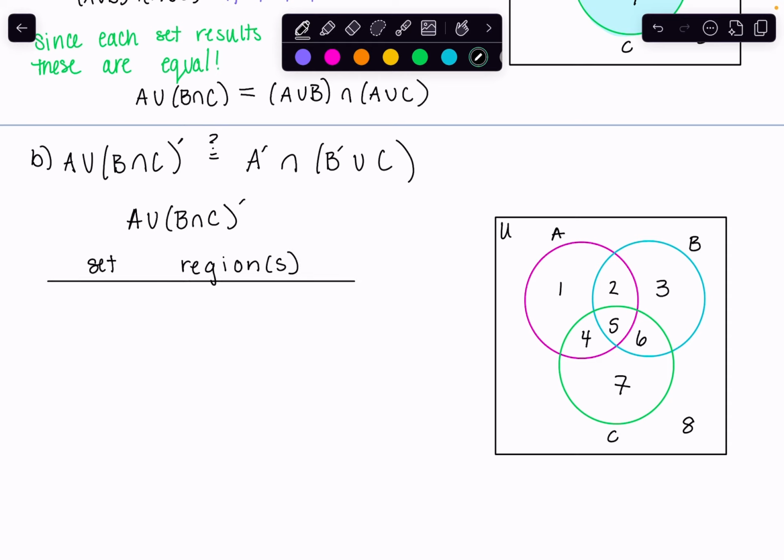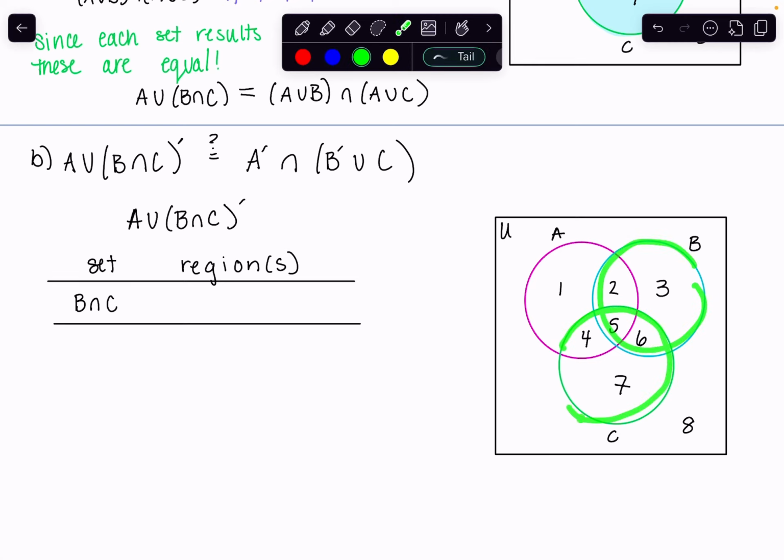Again, following my order of operations, I've got to begin in parentheses. So I need to figure out what is B intersect C. So if I look at these two circles, here is B, here is C. So their overlap is the regions 5 and 6. Now I want to take the complement of this.